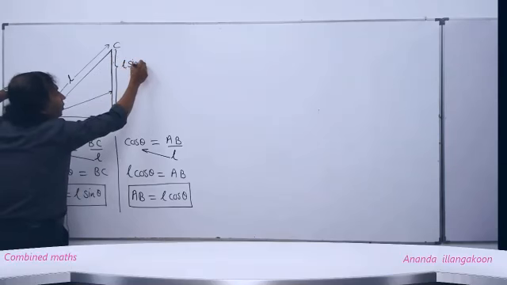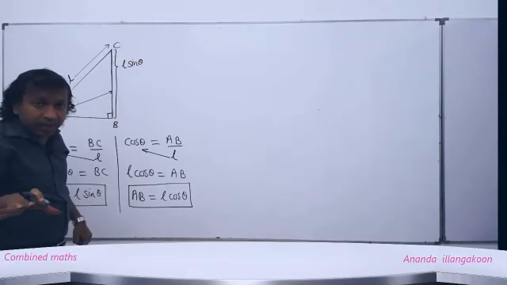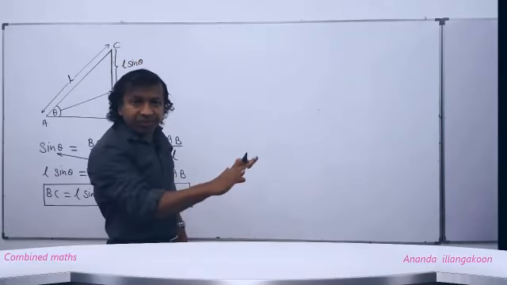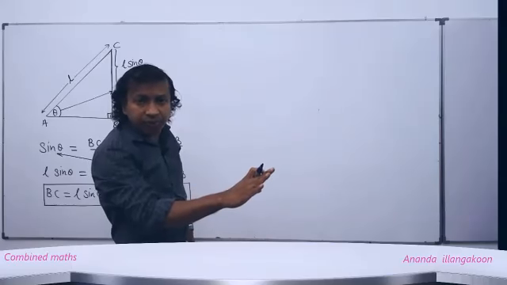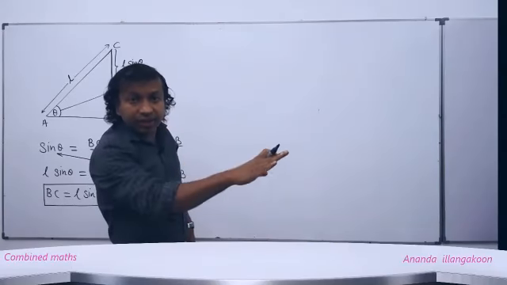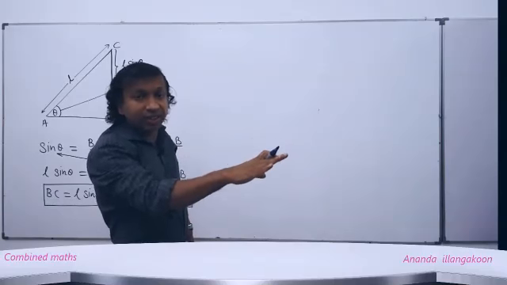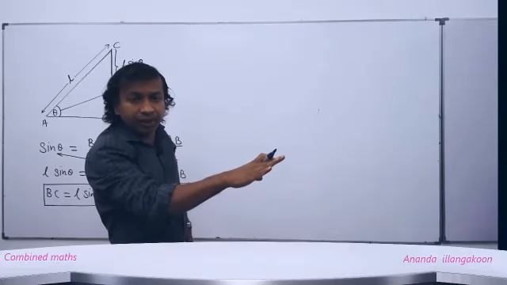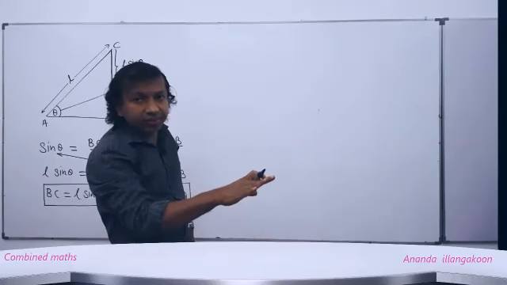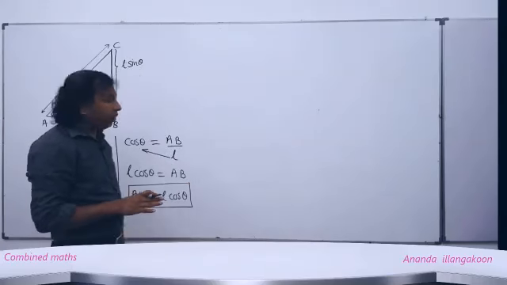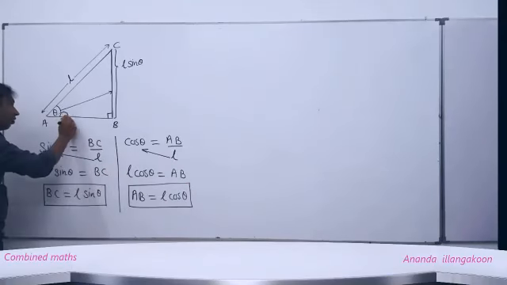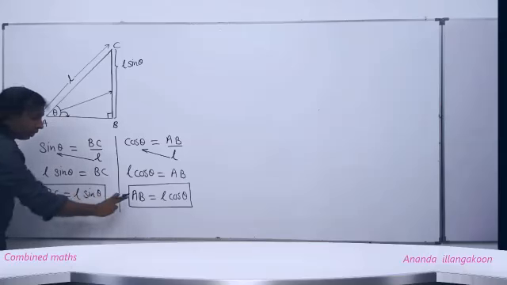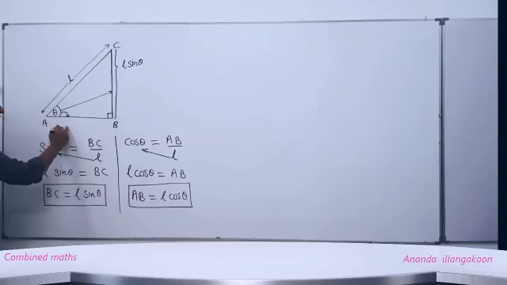So therefore, remember, in the right angle triangle, opposite side is written how, people? L sin theta. L is the length of the hypotenuse, times the sine ratio of that angle. People, adjacent side, this one here, L cos theta: hypotenuse times cos ratio of this angle.